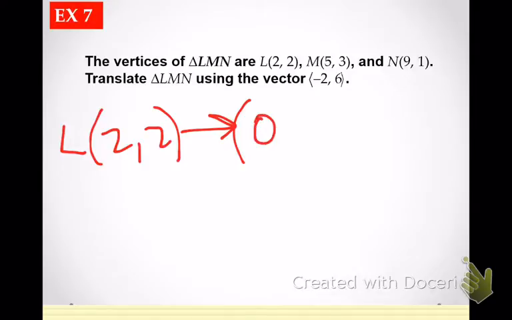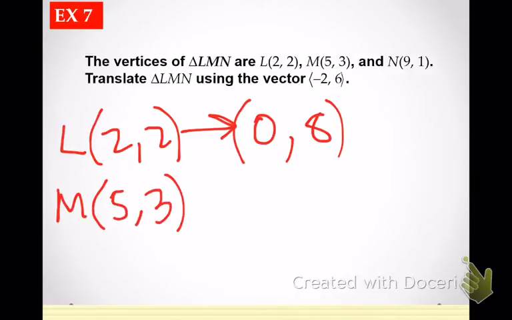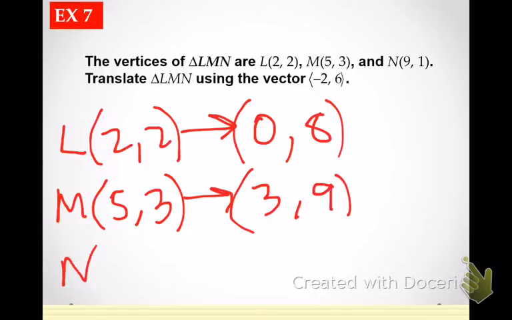We subtract 2 from 2, 0, and the y value is 8. We add 6 to 2, so it would be 0, 8. Okay, M, we've got 5, 3. What does M become? 3, and then 6 plus 3 is 9, so 3, 9. And then N is 9, 1.